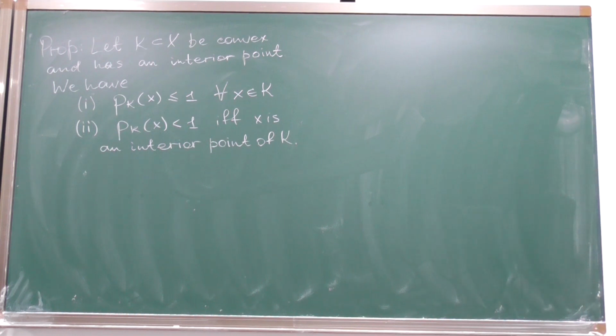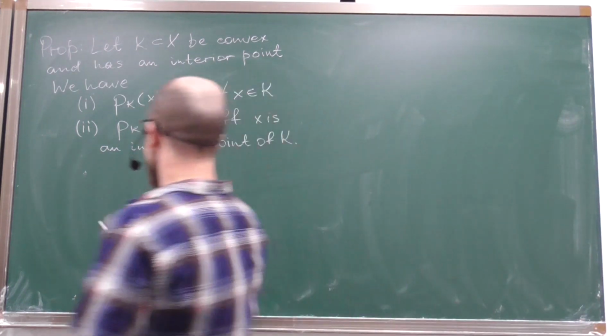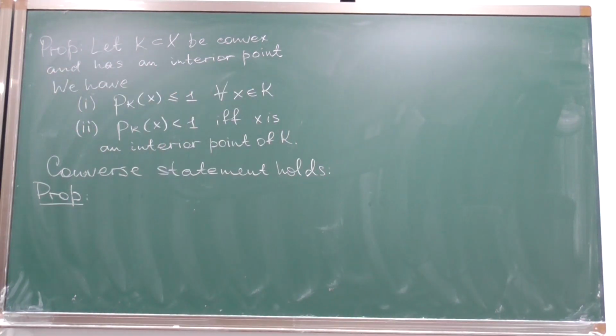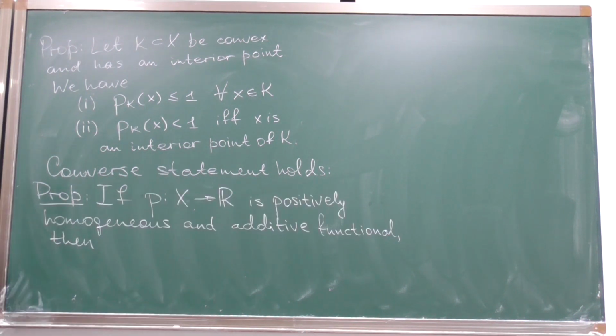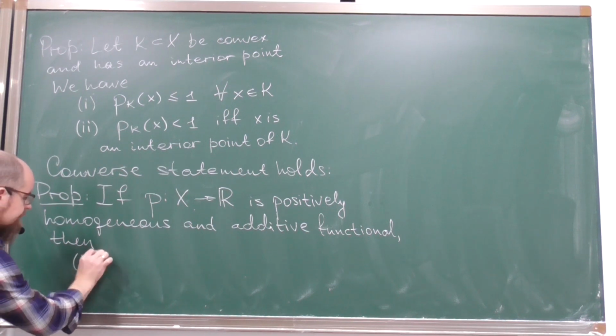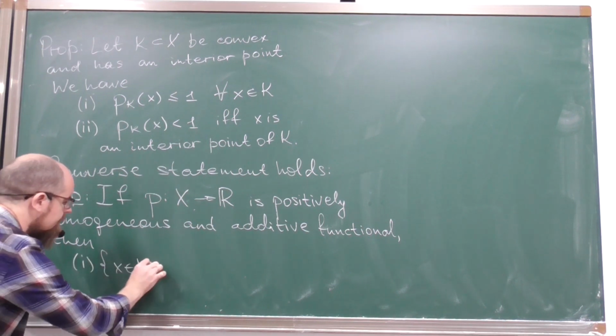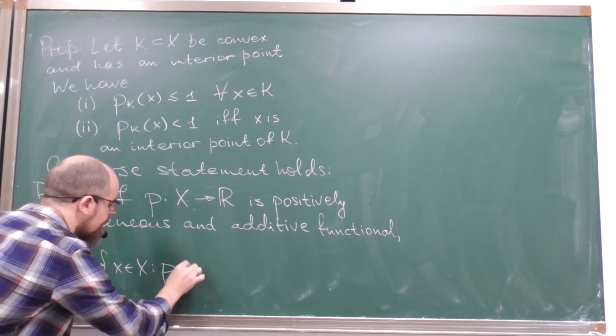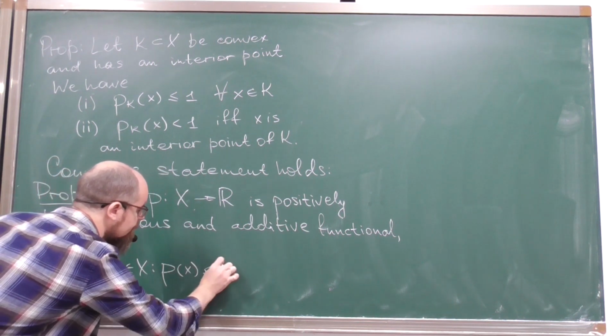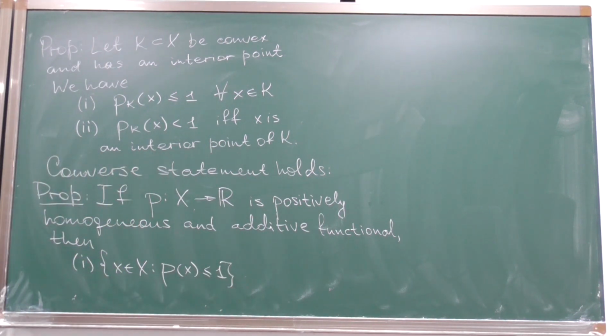What is more interesting about this result is that the converse of this statement holds. We already proved that p sub K is a positively homogeneous and subadditive functional. Now let us start with any positively homogeneous and subadditive functional p. First, the set of all x's such that p of x is less than or equal to 1 is convex.